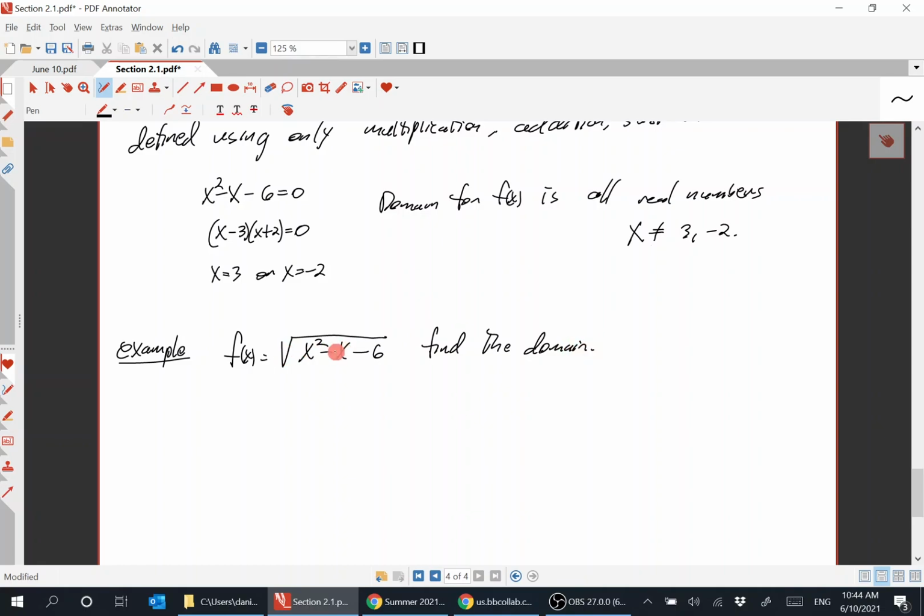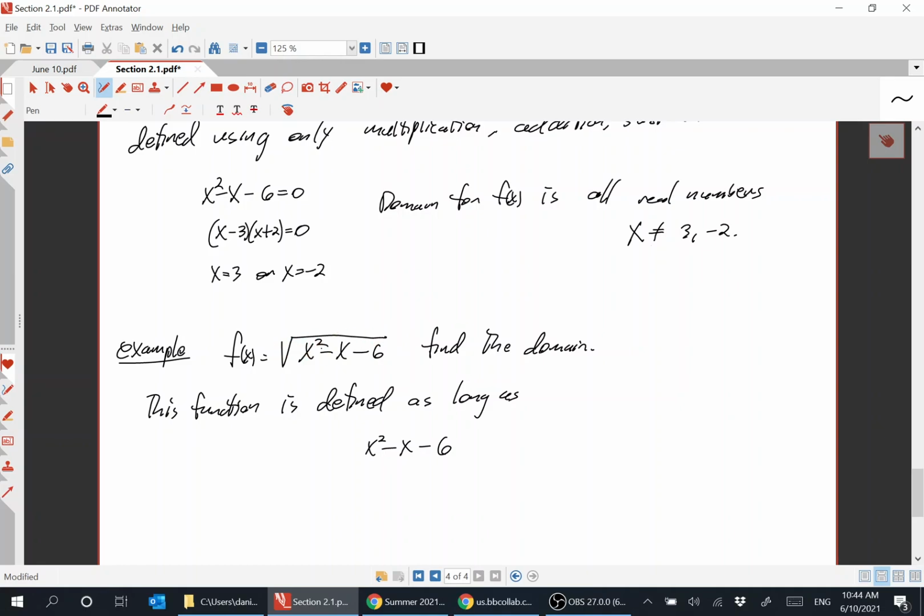Right, so this is defined as long as what? x squared minus x minus 6 is what? What is necessary for this function to be defined?